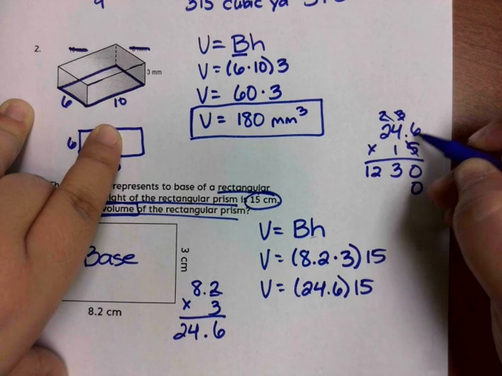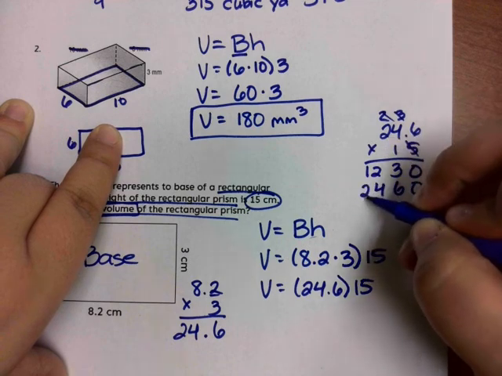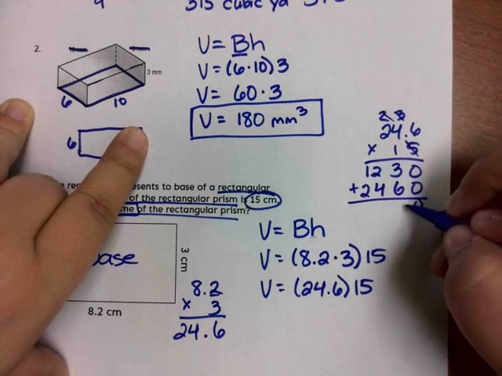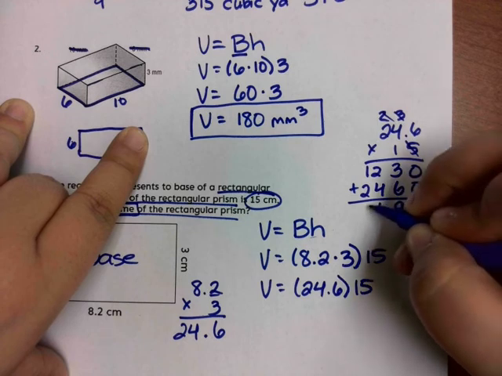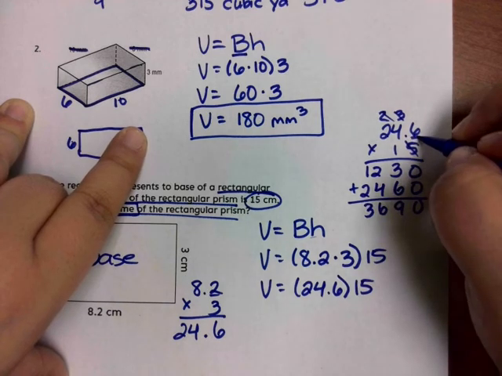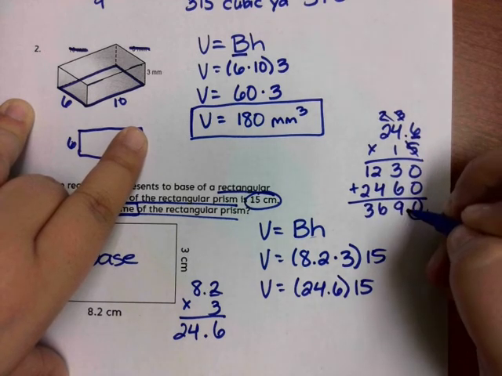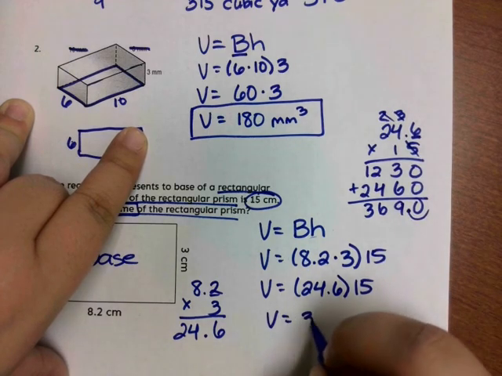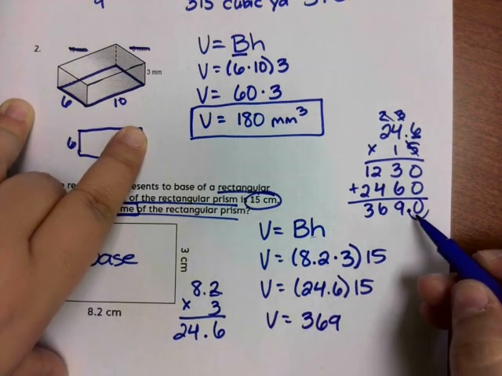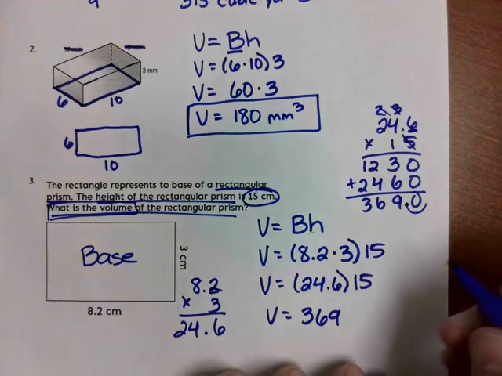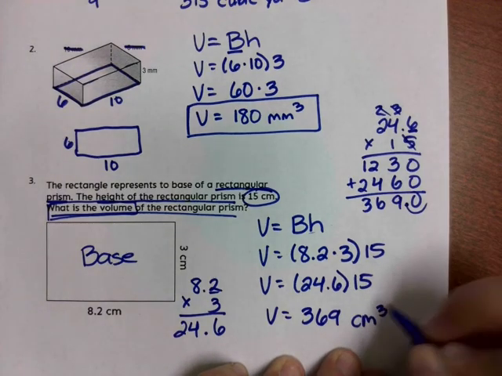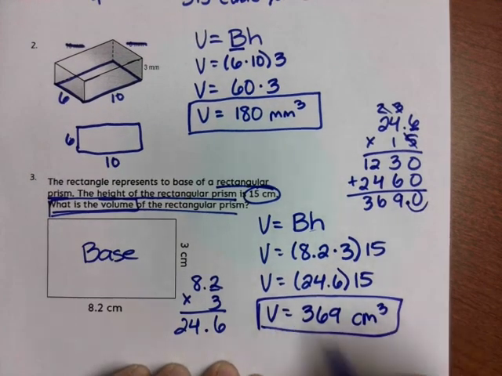Now by 1, 6, 4, and 2. 0, 9, 6, and 3. And then there's just one decimal, so all I have to do is move it one time to get my volume of 369. I don't need the 0.0, 369 cubic centimeters.